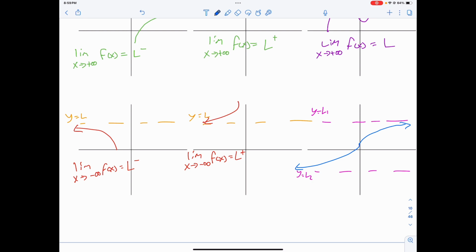And so now we have a split one, where we'd say that the limit as x approaches negative infinity for f of x is L2 from above, and the limit as x approaches positive infinity for f of x is L1 from below. Now, obviously, this is not all the different possibilities, but there's so many different ways that it could approach these horizontal asymptotes.